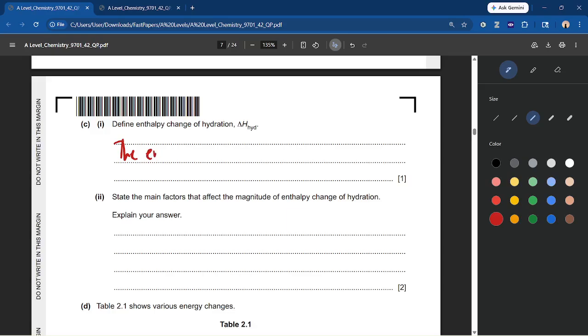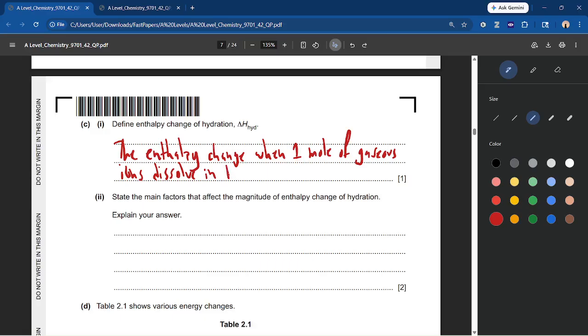The enthalpy change when 1 mole of gaseous ions dissolve in water to form a solution.